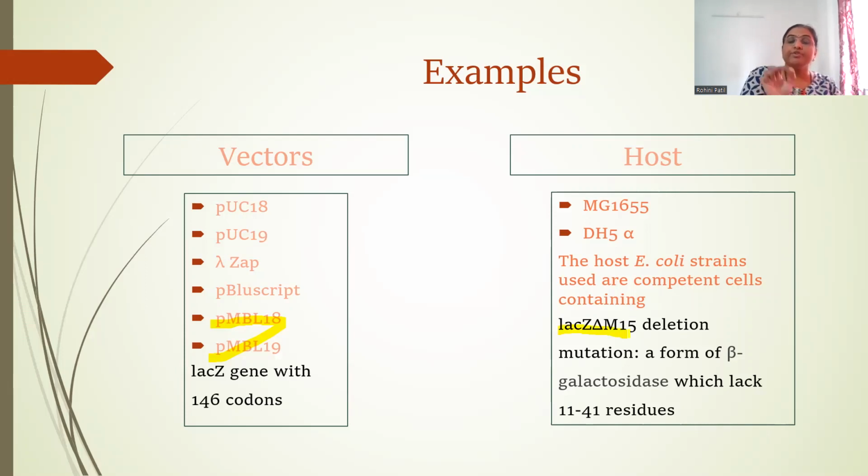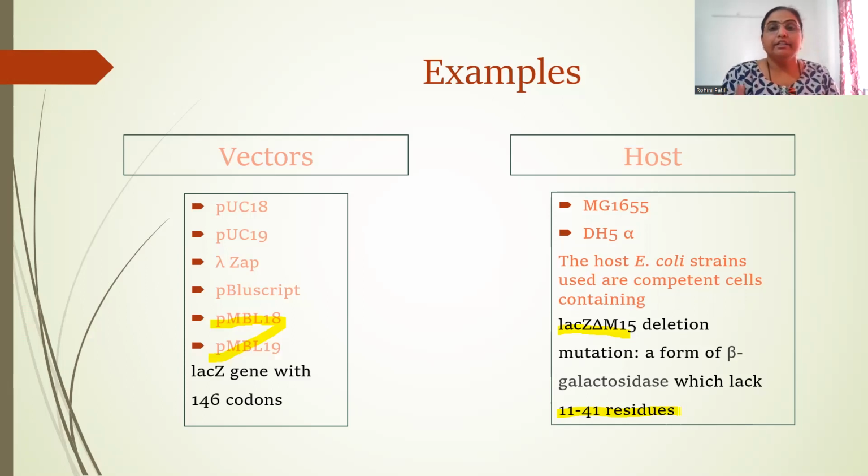The deletion mutation present in the host is called the lacZ delta M15 deletion mutation, which cannot synthesize the N-terminal amino acids, about residues 11 to 41 of the beta-galactosidase. From the N-terminal, it cannot encode residues 11 to 41.